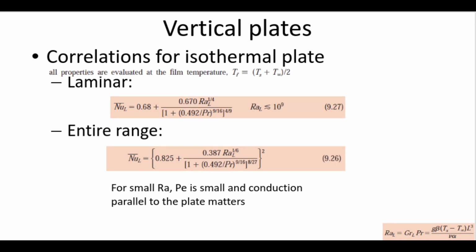And if we, for example, look at equation 9.26, if we have a quite large Rayleigh number, the first part gives us a constant. The second part here, we have Rayleigh number to the power of 1/6, and a dependence on Prandtl number. But for a given fluid, Prandtl number is a constant.